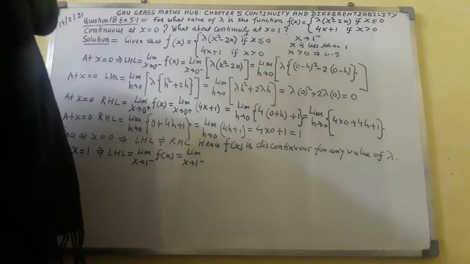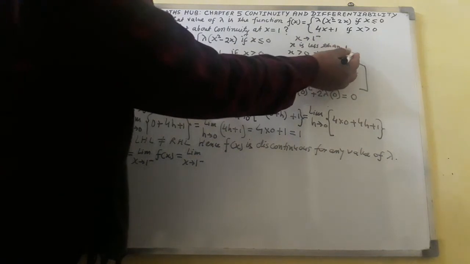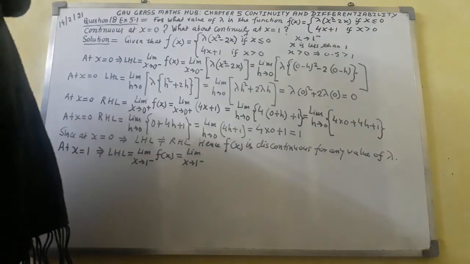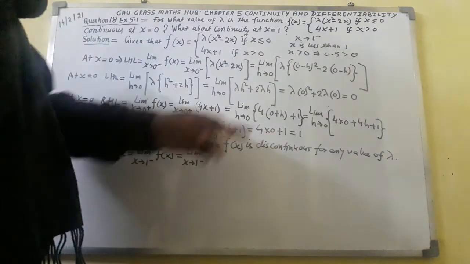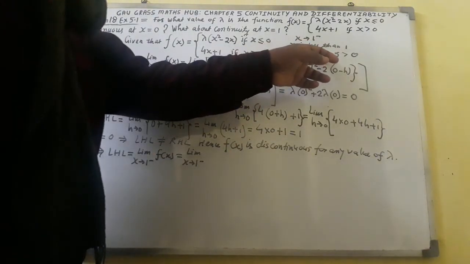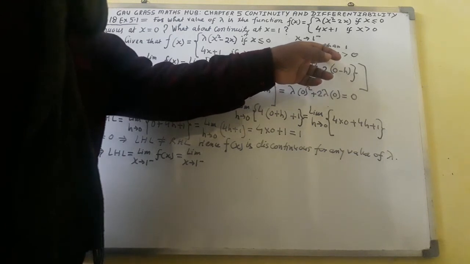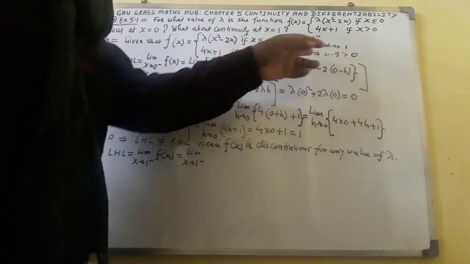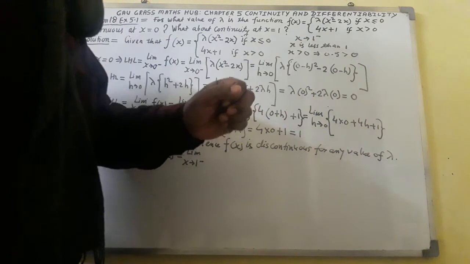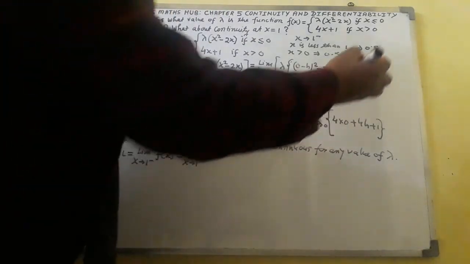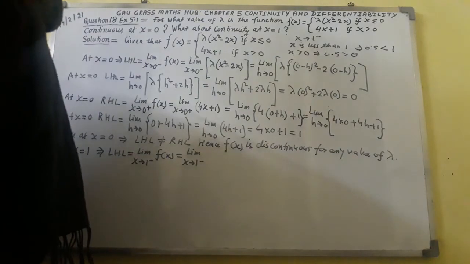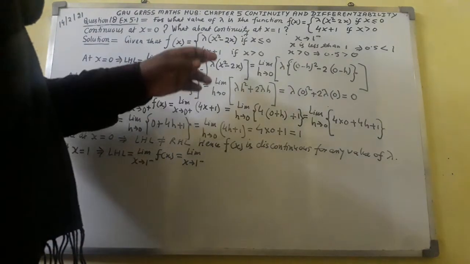If you take 0.5, it is greater than 0, so let the value of x be 0.5. 0.5 is greater than 0, but 0.5 is also less than 1. So in this sense, I shall choose this function.